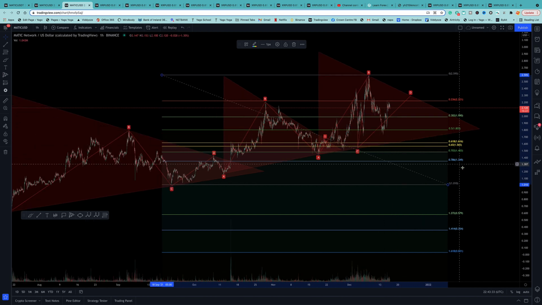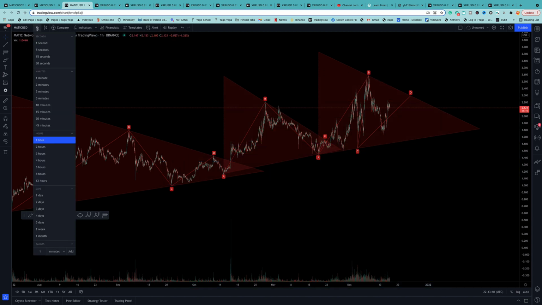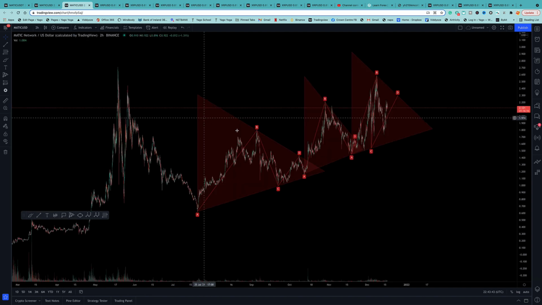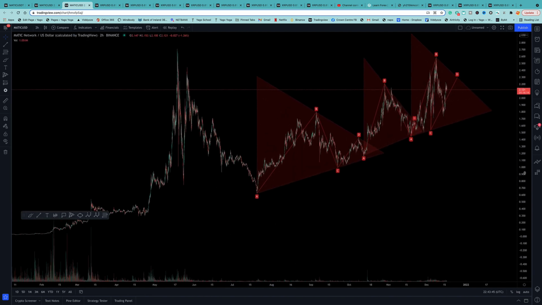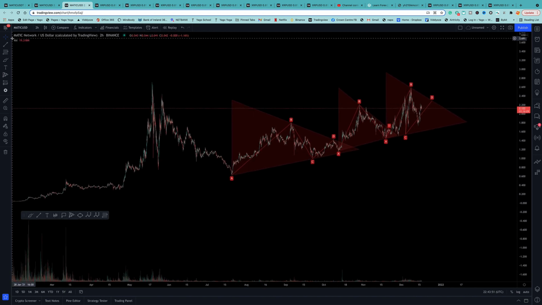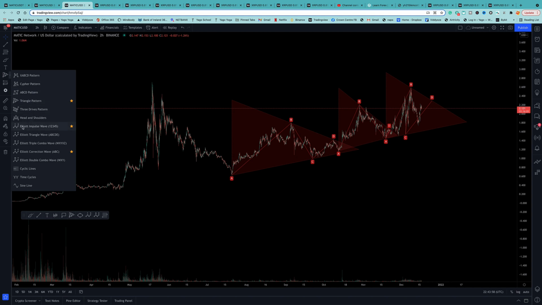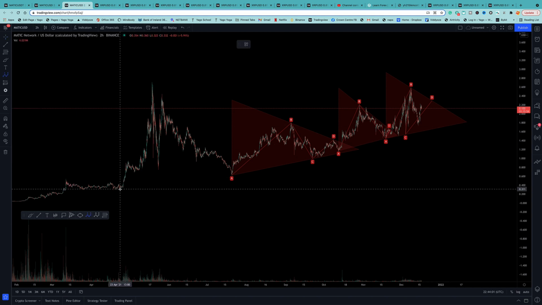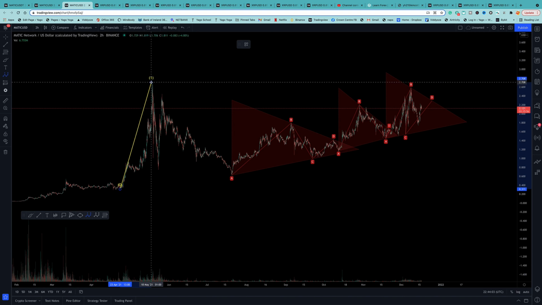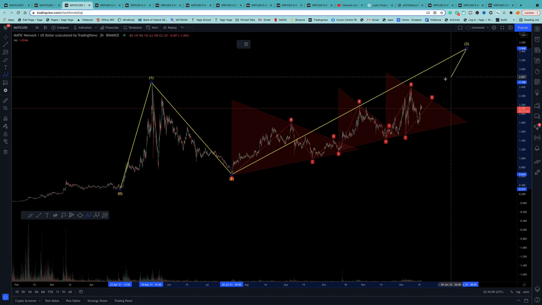There's a 0.5. Okay. Now, I'm going back to the 2 hour again so that I can get a better sense of this. So I think what's going on here, on the bigger scale of the move that MATIC is in, this is on the daily. The Elliott wave here is 1, 2, and this is 3.